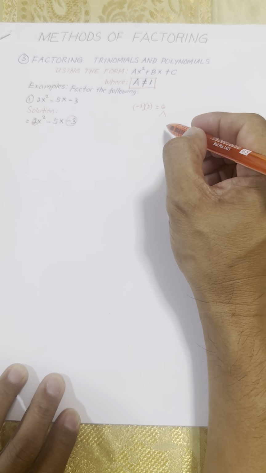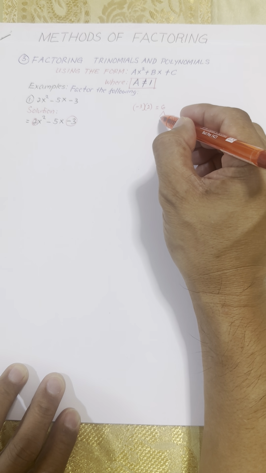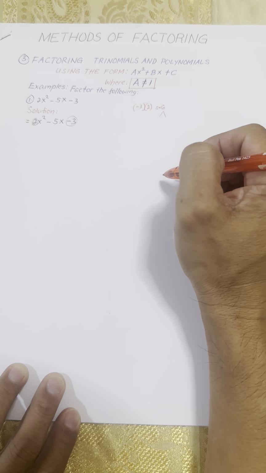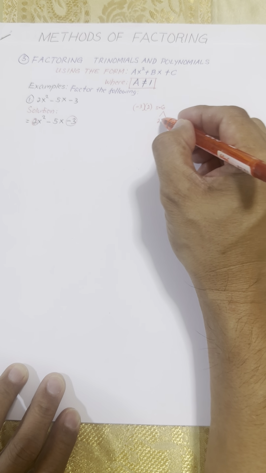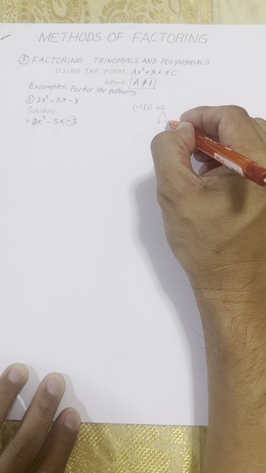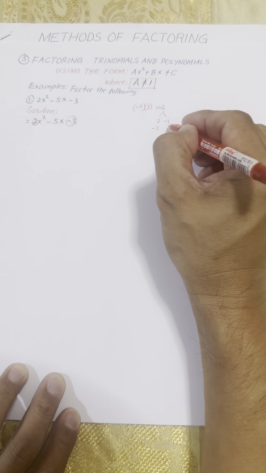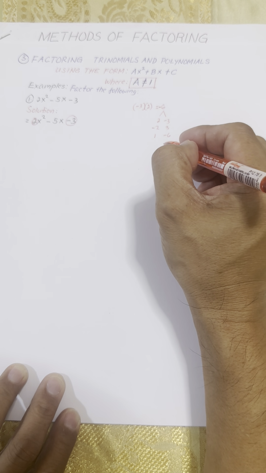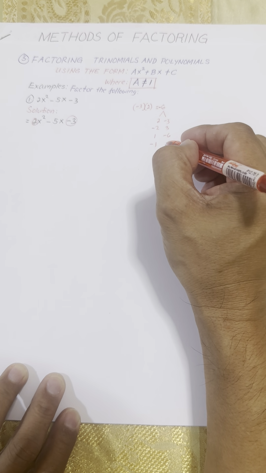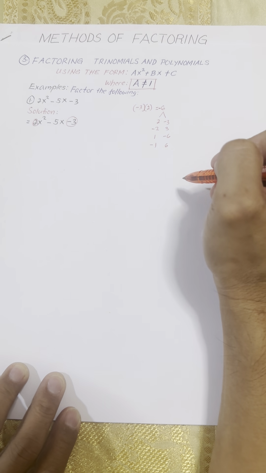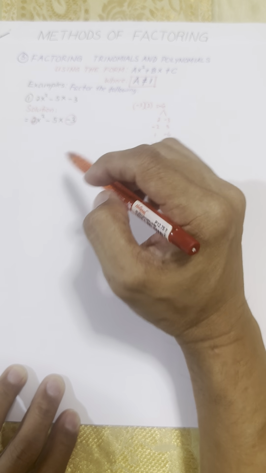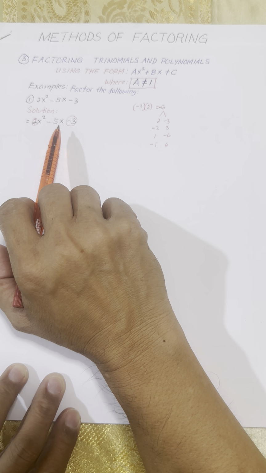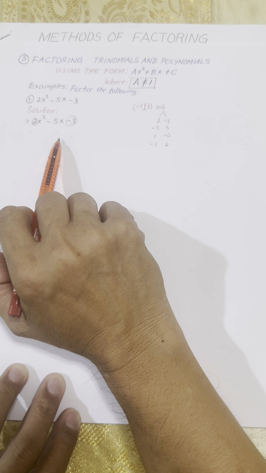So we find the factors of this 6, which is the product of the third term and the coefficient of the first term. Sorry, this is minus 6, because this is minus 3. So the possible factors are 2 and minus 3, minus 2 and positive 3, 1 and minus 6, then minus 1 and 6. Take note, we will end up factoring this polynomial by grouping.